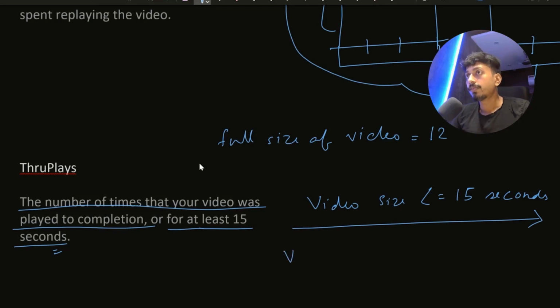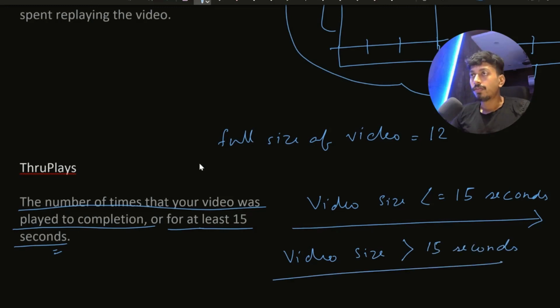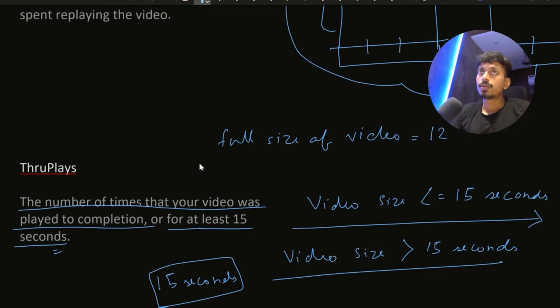And if your video size is greater than 15 seconds, what is going to happen? What do you think? When your video is played to the 15-second mark, once the user crosses the first 15 seconds, that is when ThruPlay will be fired.